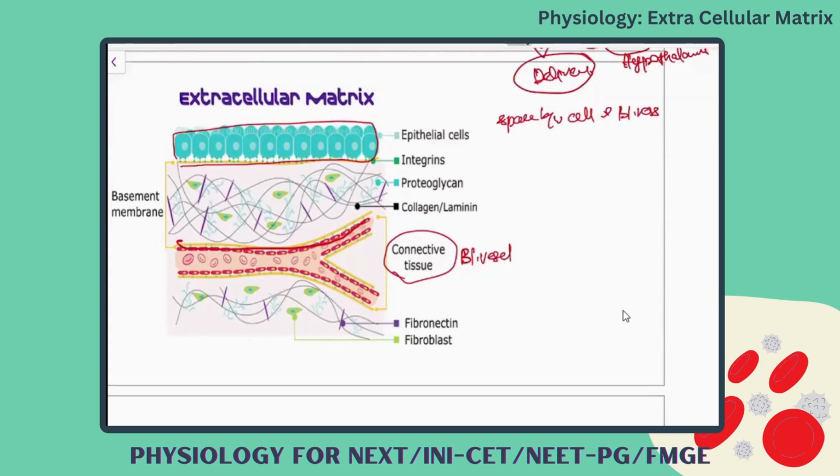This extracellular matrix contains majorly 3 molecules, which maintain the cells, the blood vessels, and the connective tissues in their position, and they also have a major role in maintaining different functions.